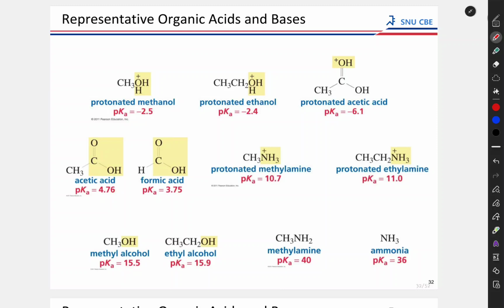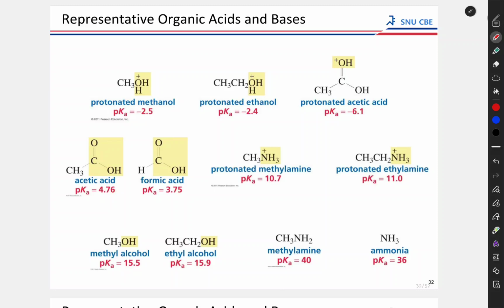The pKa value is minus 2.5, meaning the species can give a proton to other species very well. Protonated alcohol is very acidic, and protonated carboxylic acid is also very, very acidic. The neutral form of the carboxylic acid has a pKa of around 4. You better know this number.